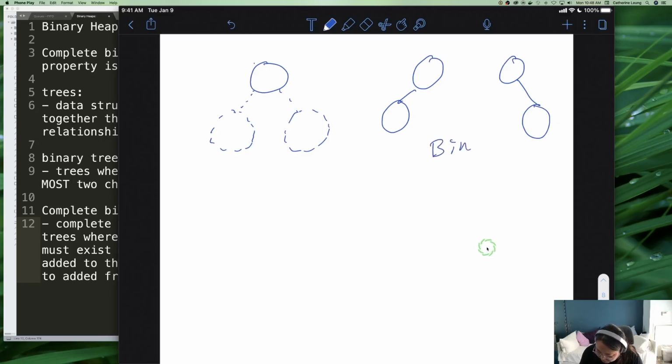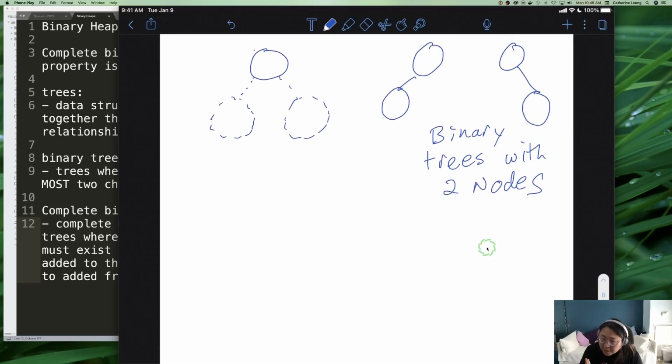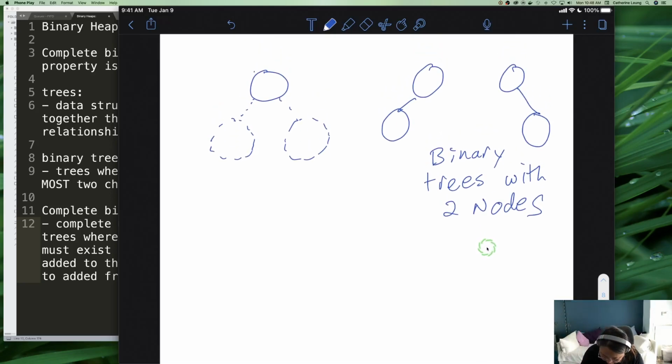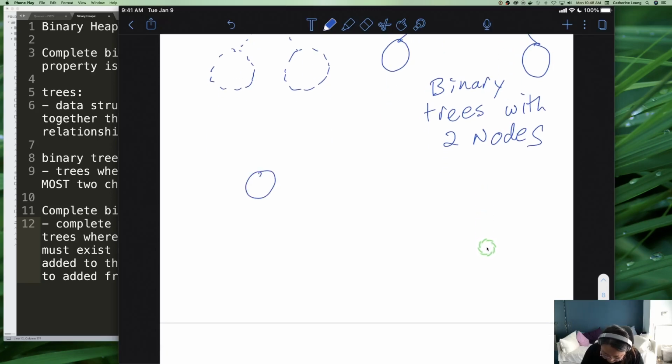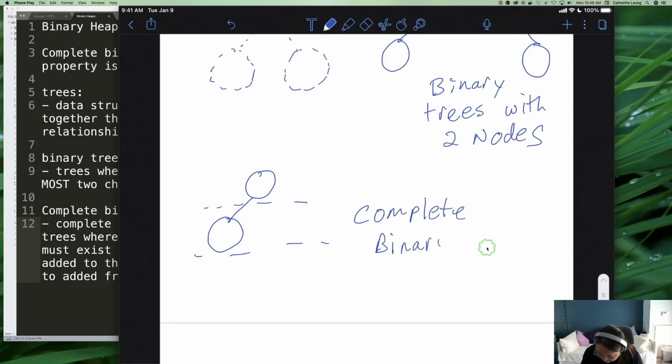So binary trees with two nodes can look like either one. But if it's complete, it has to look like this. This is a complete binary tree with two nodes.